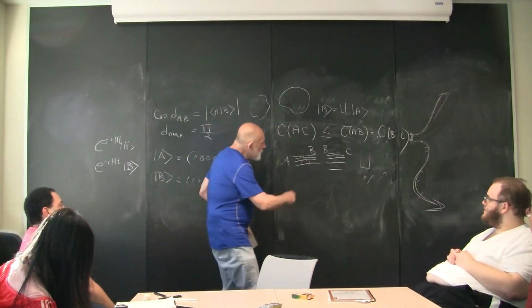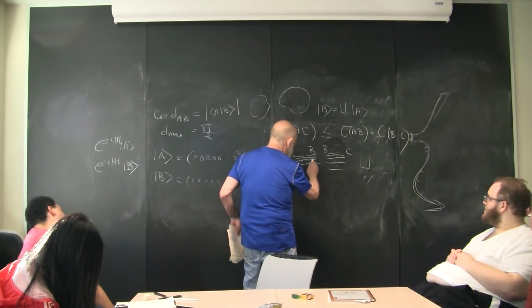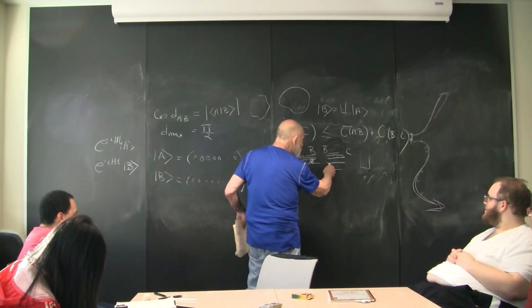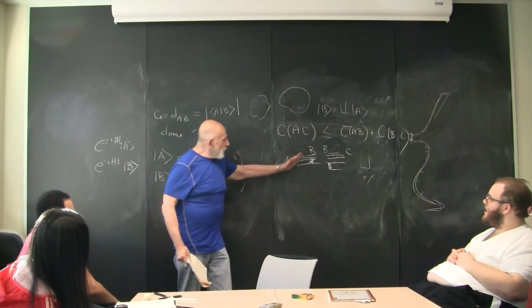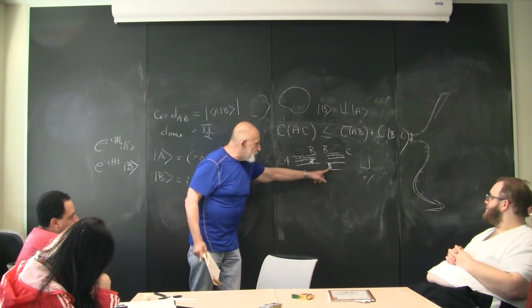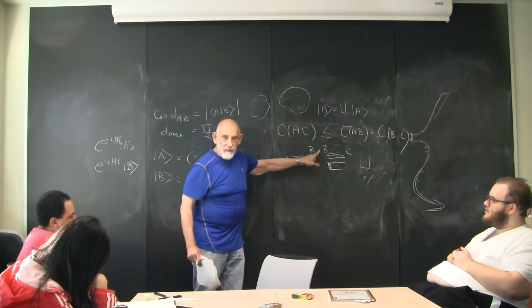But on the other hand, supposing there was a gate over here that just happened to be the inverse gate of this one. Then when we combine this circuit with this circuit, we can cancel these out. And you will have fewer gates.